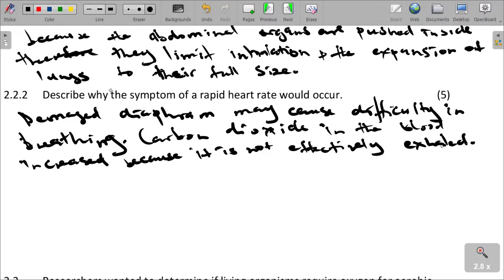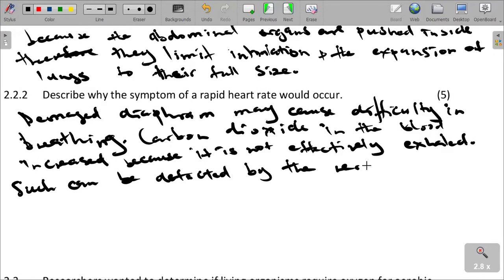So this can be detected by what? By the receptors of the aorta. I'm sure that you remember that these are the chemoreceptors of the aorta.